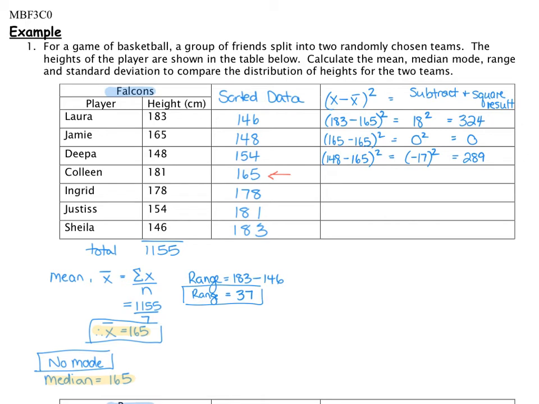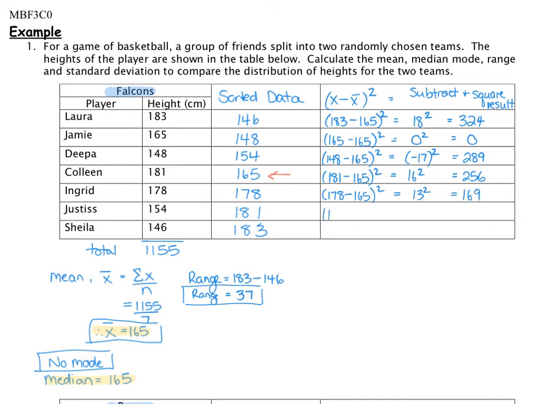Okay, hopefully you could pause the video right now and continue the column and check your work. But I'll keep going. For Colleen, 181 minus 165 squared gives us 16 squared, which is 256. Ingrid is 178 minus 165 squared, which gives us 13 squared, which is 169.